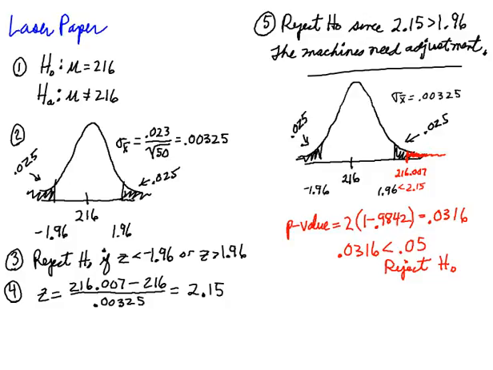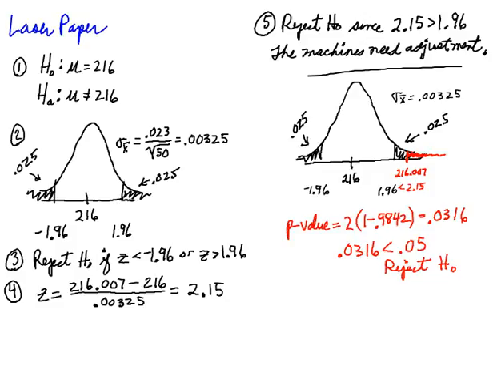In step 2, we set up the sampling distribution, assuming that H sub 0 is true. We draw our decision lines at the z locations negative 1.96 and 1.96.